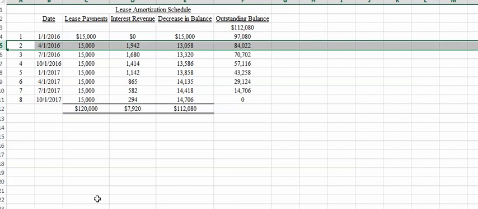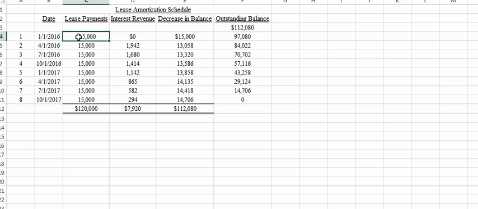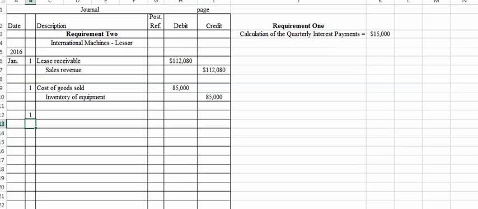Remember, on our amortization schedule, the first entry we would need to make would be for January 1st. International Machines received $15,000, and that's going to decrease the balance in lease receivable. So they'll debit cash for $15,000 and credit lease receivable for $15,000.